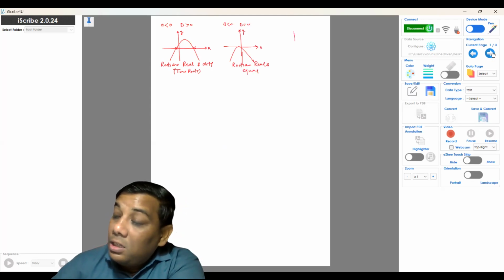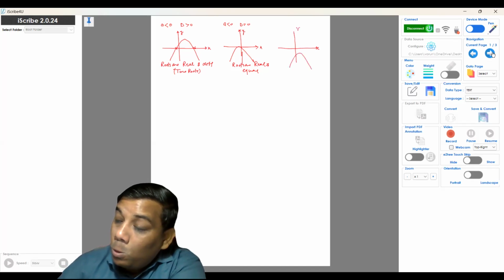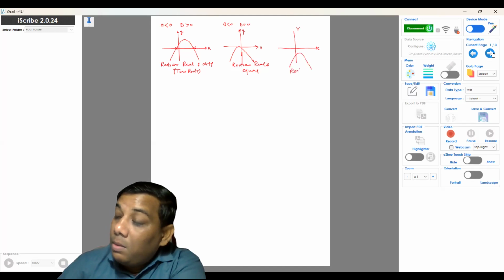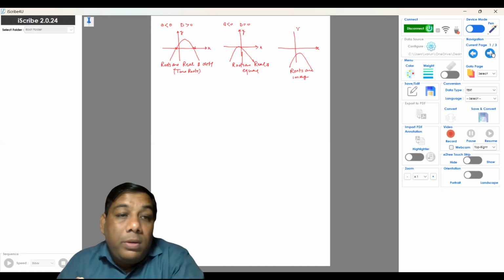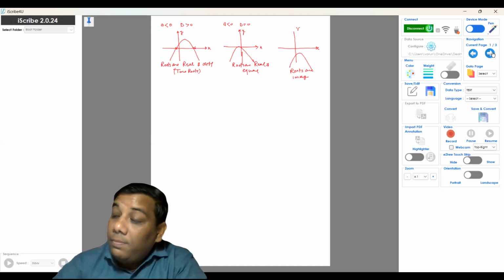And the last condition is roots are imaginary. So in every condition, two roots will exist whether they are real or different. So that will depend on a and D.